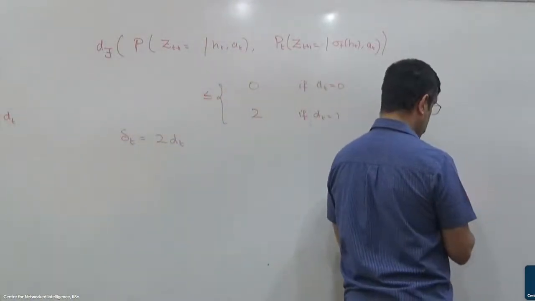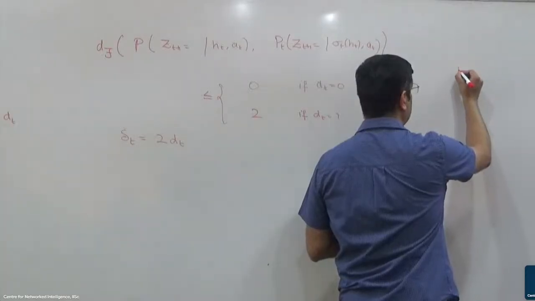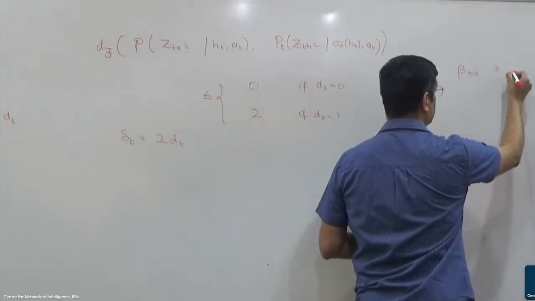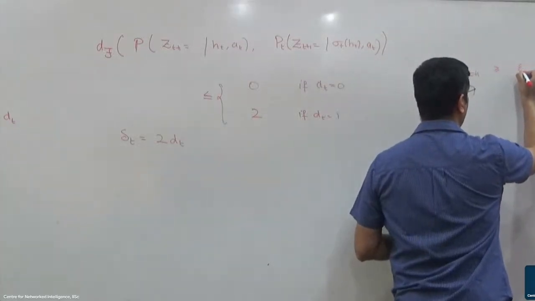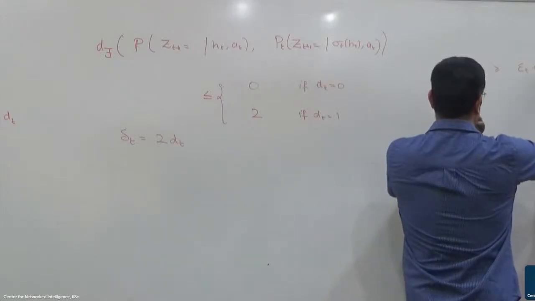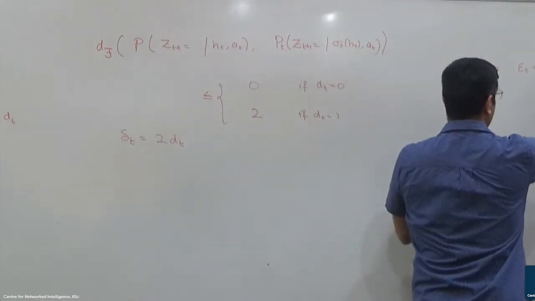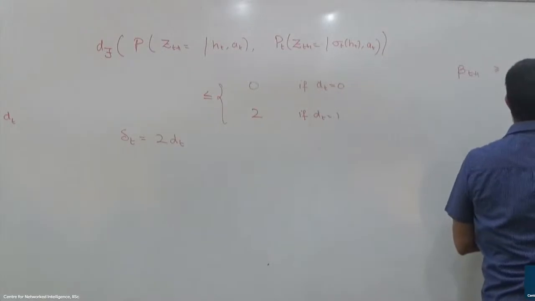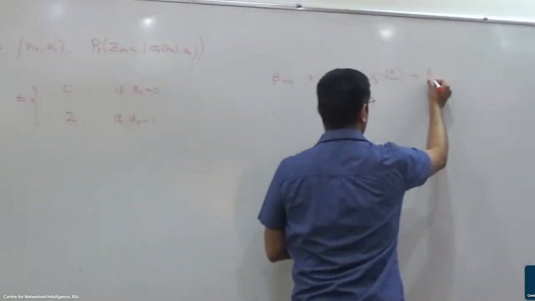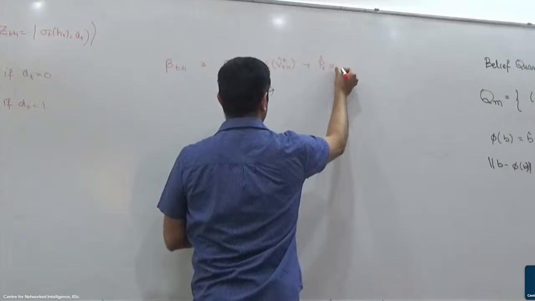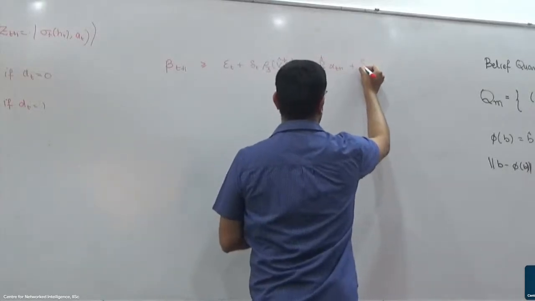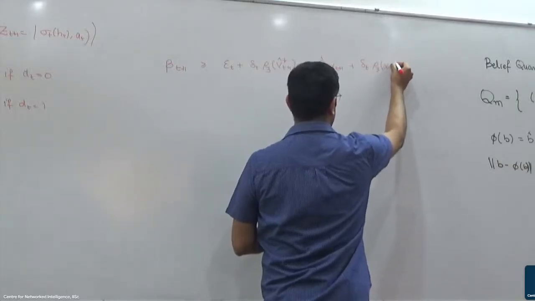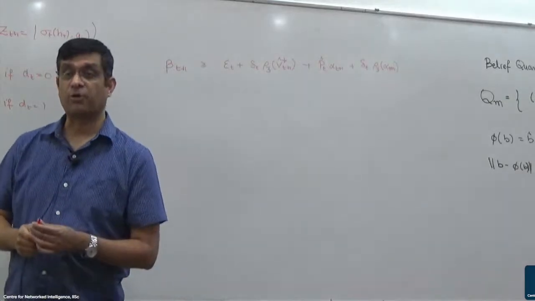I don't want to go into all of them, but the key point was I had things like beta t plus 1 is either greater than or equal to, or less than or equal to, epsilon t plus delta t rho f of v hat star t plus 1 plus the hat dynamics on T of alpha T plus 1 plus delta T times rho f of alpha T plus 1. These were the type of expressions that we had.